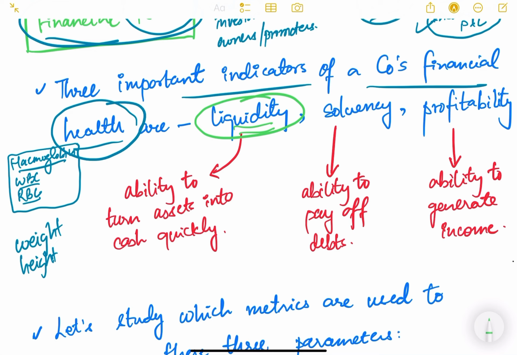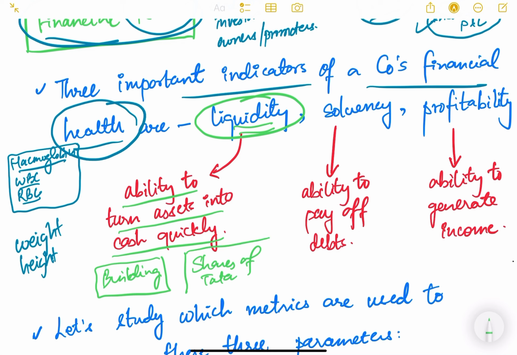What is the meaning of liquidity? Liquidity is the ability to turn assets into cash quickly. How quickly you can convert your assets into cash is the measure of liquidity. For example, I am talking about an individual who owns a building and also owns some shares of Tata.